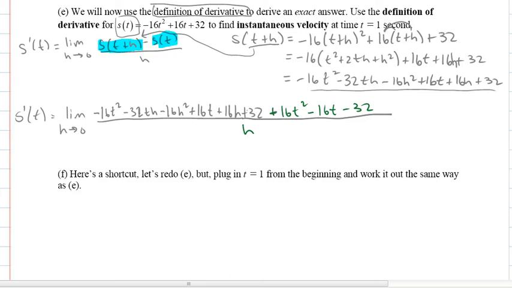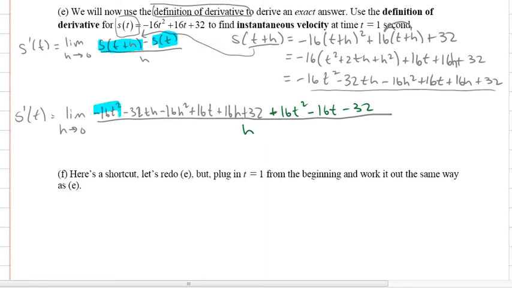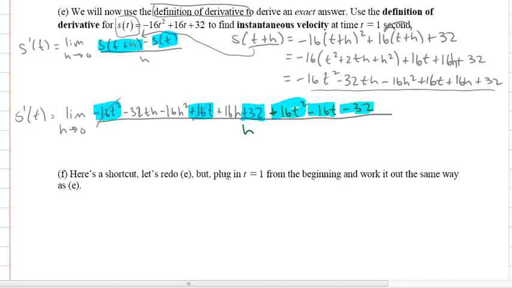And then I notice that I have some terms that may cancel. So I have in common a negative 16t squared, a positive 16t squared, minus 16t, positive 16t, positive 32, negative 32. All of these terms that I just highlighted, they go away.